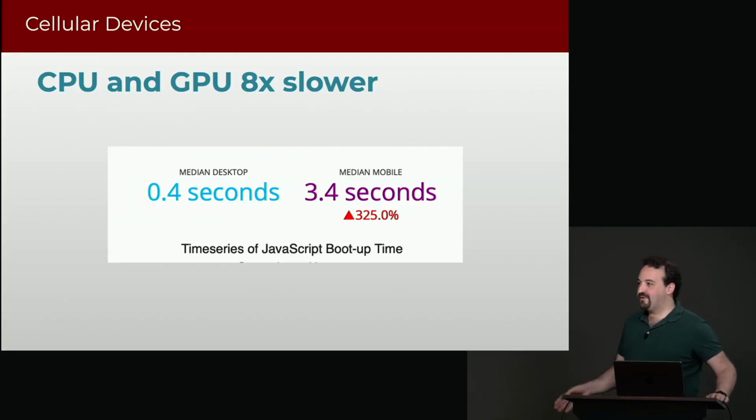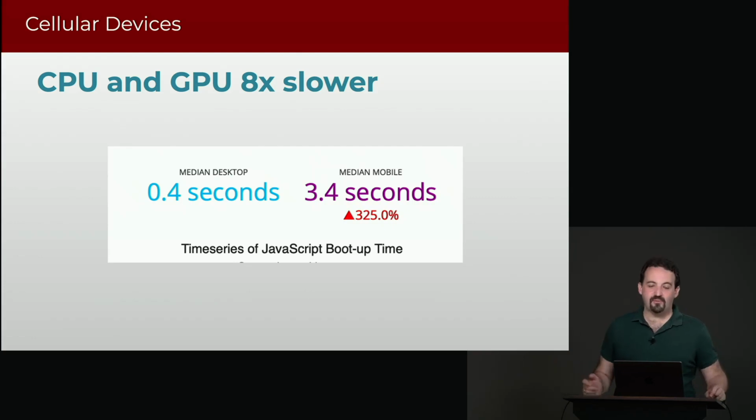But networks are not the only thing. We also have CPU and GPU problems. I mean, not a problem, but situations that happen in the real world. Maybe you're thinking, oh, but my iPhone is actually pretty fast, or I have a Samsung Galaxy S20 that has a very good GPU from Qualcomm, blah, blah, blah. It compares with my laptop, but that's not the real world.